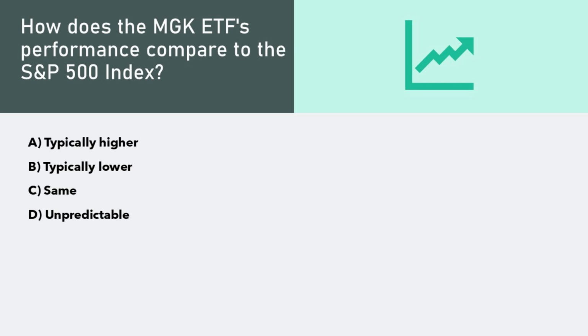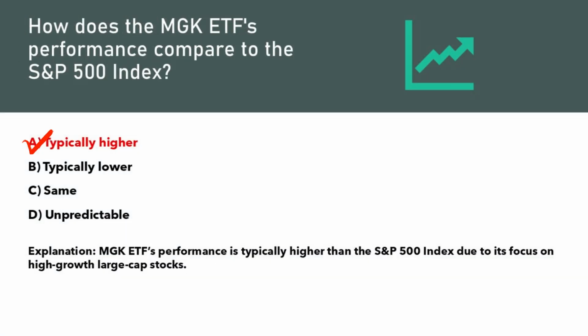How does the MGK ETF's performance compare to the S&P 500 index? Answer: A. Typically higher. Explanation: MGK ETF's performance is typically higher than the S&P 500 index due to its focus on high-growth large-cap stocks.